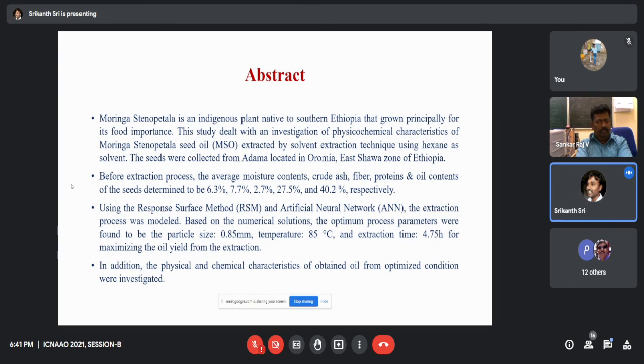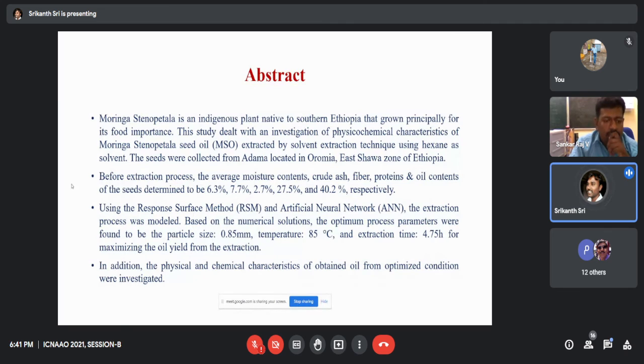Before the extraction process, the average moisture content, crude ash, fiber, proteins, and oil contents of the seeds were determined to be 6.3, 7.7, 2.7, 27.5, and 40.2 percent respectively.